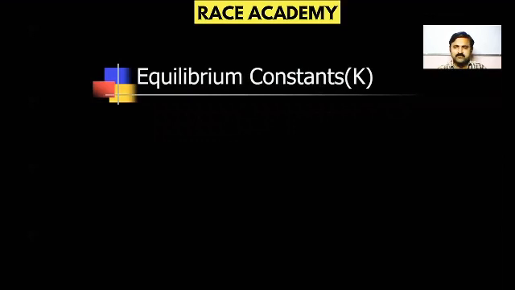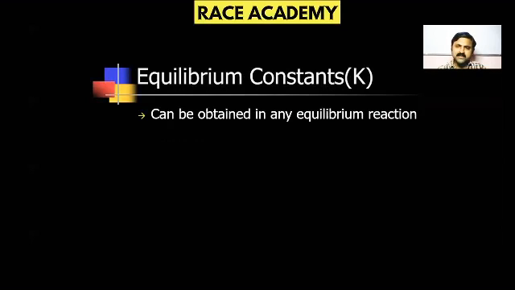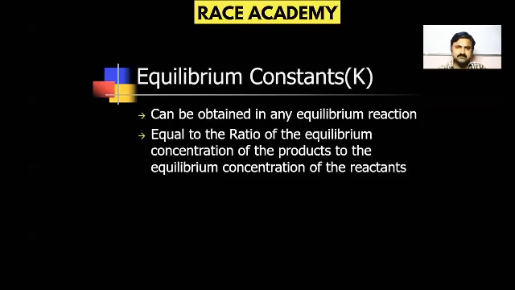For such equilibrium reactions, the equilibrium constant K can be obtained for any chemical equilibrium reaction. It is equal to the ratio of the equilibrium concentration of products to the equilibrium concentration of reactants.